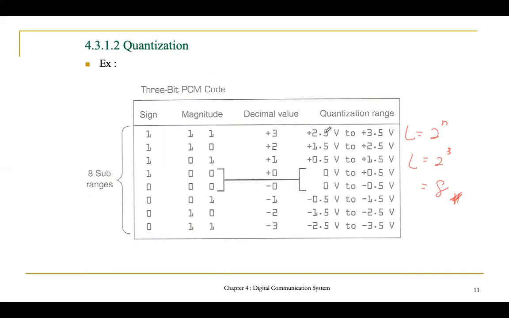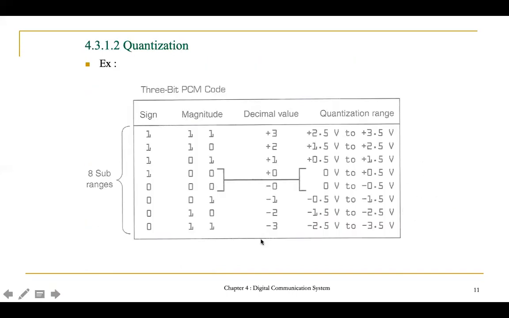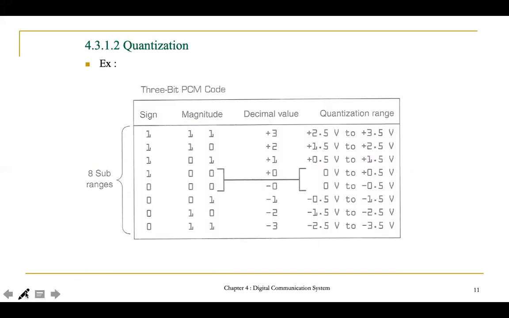Okay, and then in order to determine the delta V, the resolution, so you know that the delta V is V max minus V min over L minus 1. So your Vmax is 3.5.